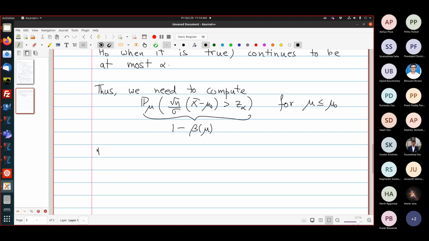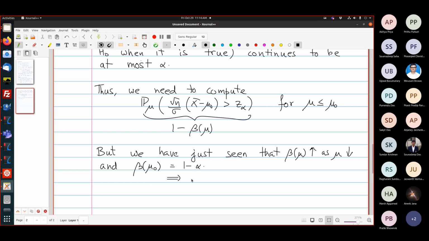But we have just seen that beta of mu increases as mu decreases, and beta of mu naught is 1 minus alpha, and so we want mu to be less than or equal to mu naught.